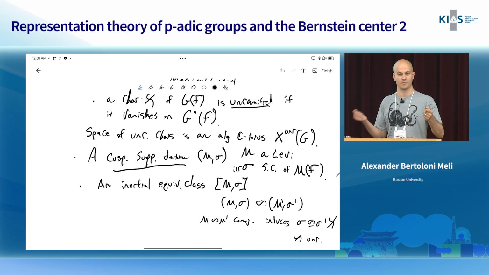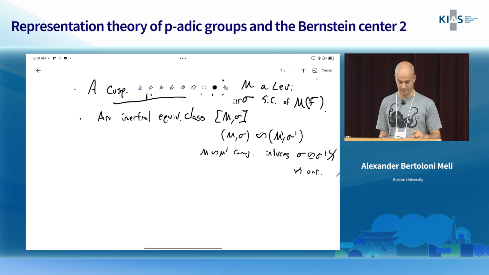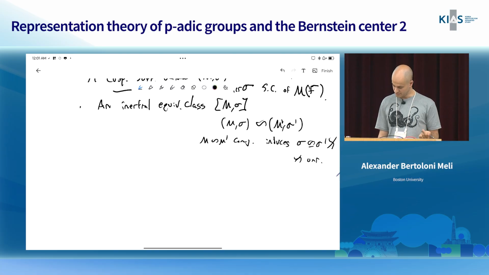So we're now allowing ourselves to vary these cuspidal support data by an unramified character.